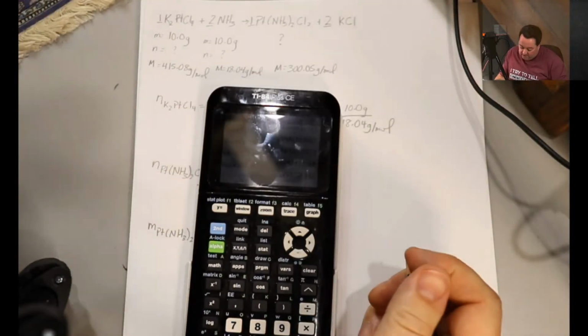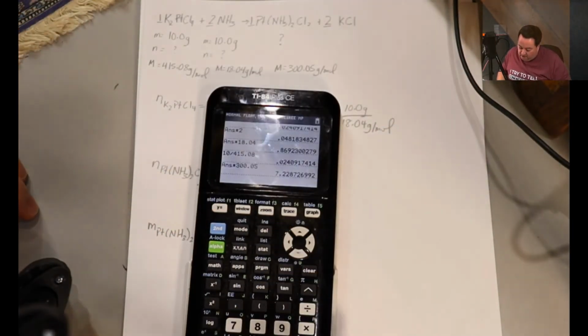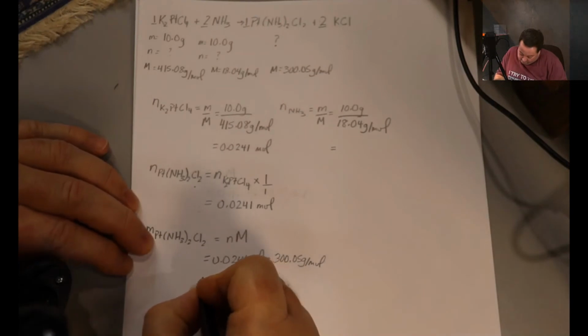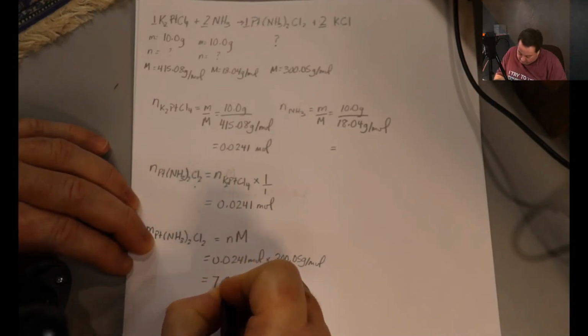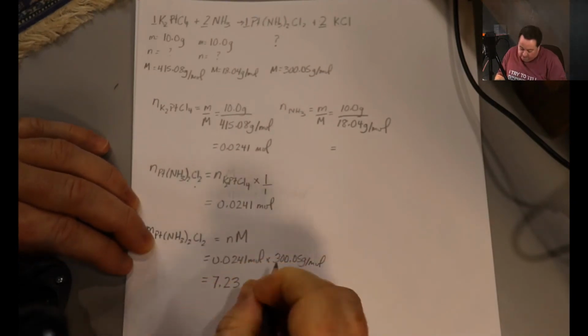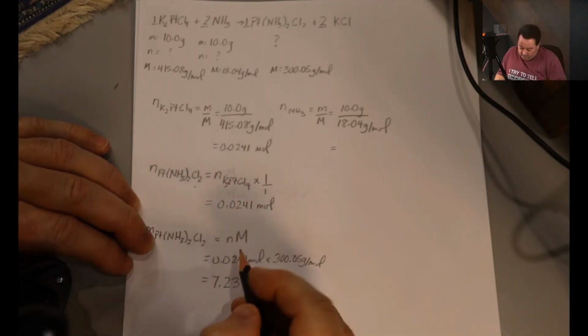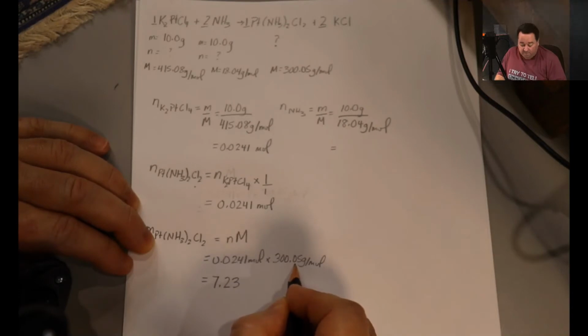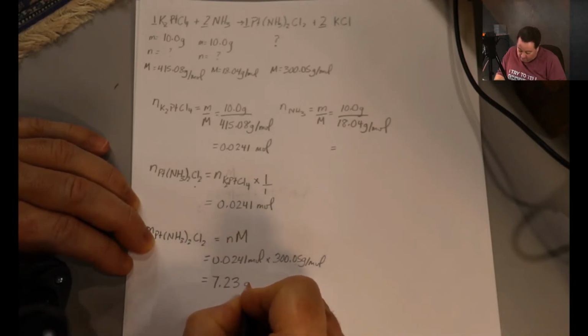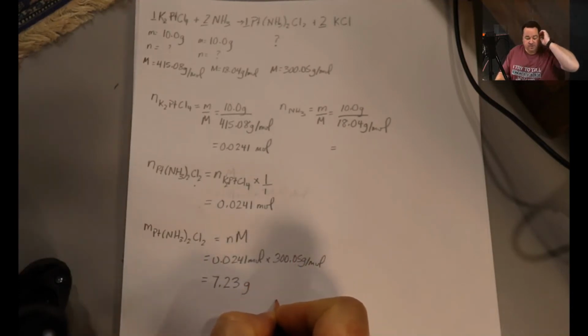So when we key that in, I got 7.23 to 3 significant figures. I had left this number on the calculator screen as I went into this calculation and simply multiplied by that molar mass. So there's my unrounded answer.